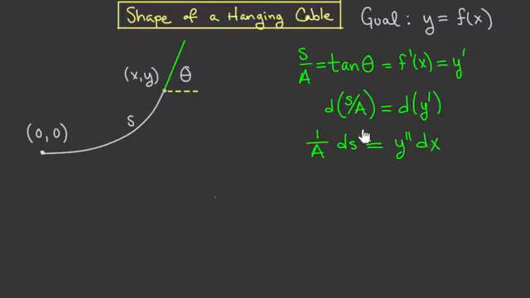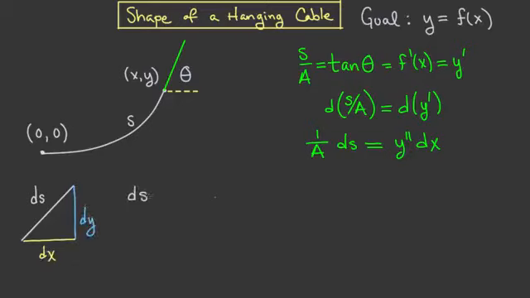So what is ds? Remember that ds is an infinitesimal piece of this curve. And when we zoom in on this curve, it looks like a straight line. And so this is my line segment ds. We can think of this as the hypotenuse of a right triangle with sides dx and dy.